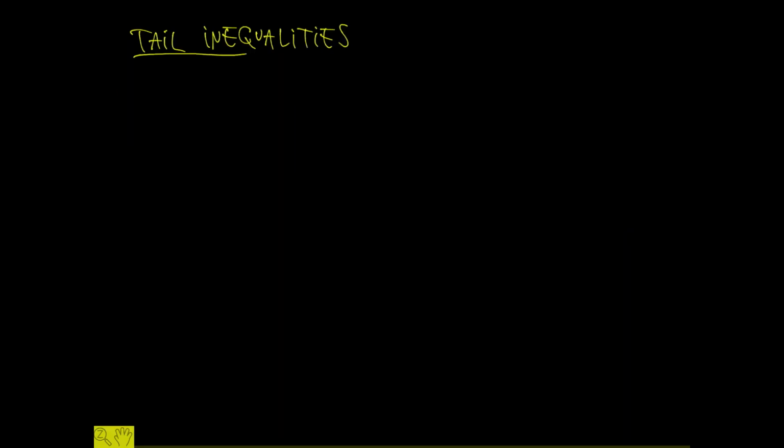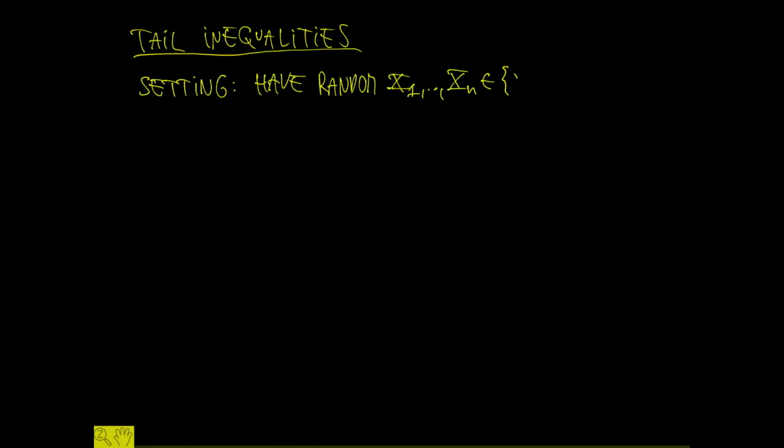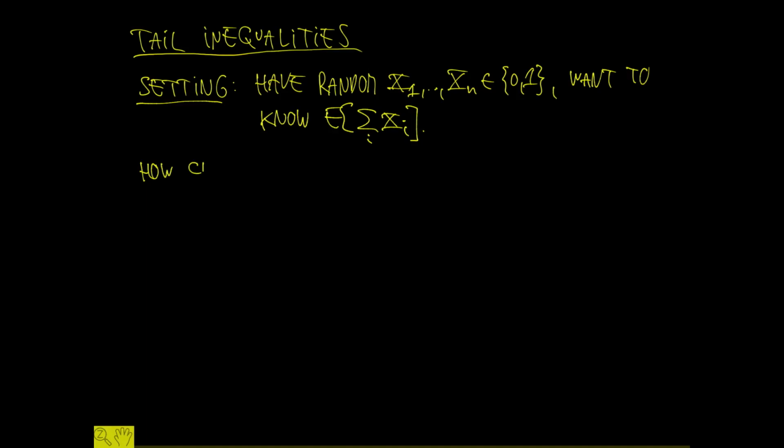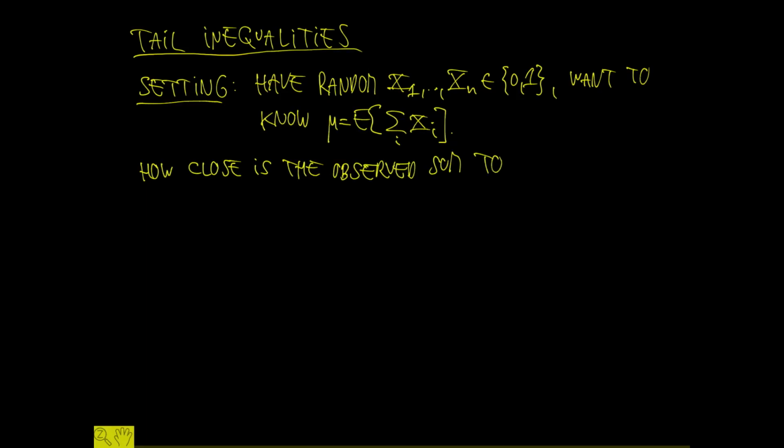Sampling is a very powerful tool for understanding a population without seeing all of it. In order to understand the approximation that we would get using sampling, we have to understand tail inequalities. Suppose we have a bunch of random variables x1 through xn, and the quantity we want to estimate is the sum of these random variables which has some expectation mu.